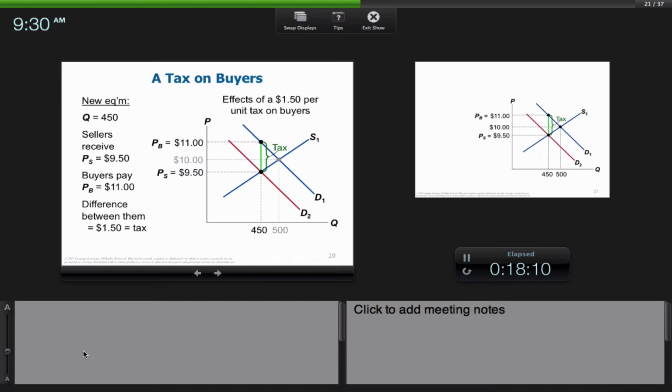This is how you do it. So the tax of $1.50 per pizza costs consumers how much more?